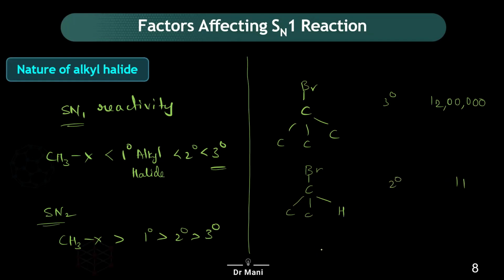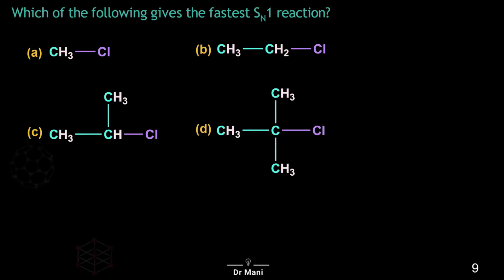And for the third, it is almost 0. We saw that in SN2 the primary is the most reactive and the tertiary is the least reactive, or almost non-reactive. Whereas here, for SN1, it's so many times faster, and for the primary it's almost 0. So that's the first difference between those two.